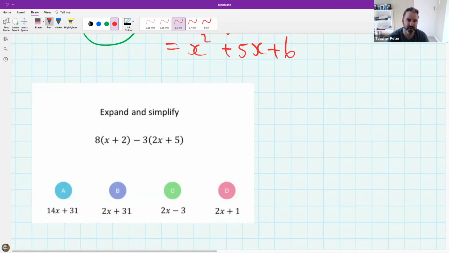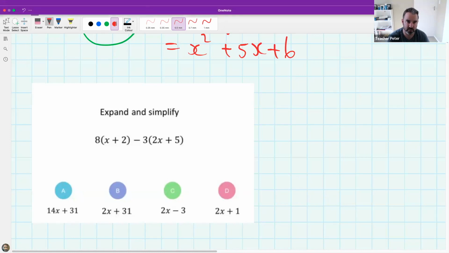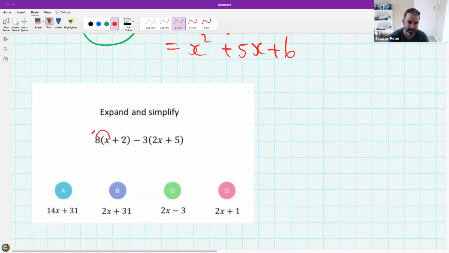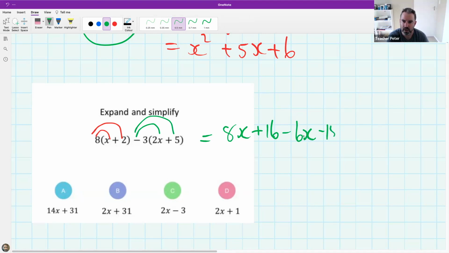If you think about the skill that we started the lesson with, we know that we're going to have to multiply the 8 in, and we're also going to have to multiply the -3 in. So that would be my first line, but we still need to look for like terms.